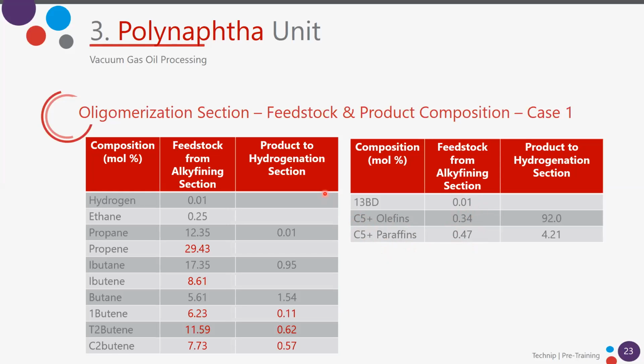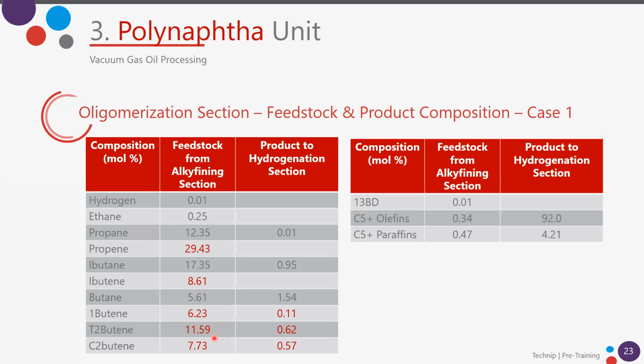At the outlet of this oligomerization section, let's see this. We have almost no C5 plus olefins, 0.334. But at the outlet of this oligomerization section, we have 92% of olefins in the composition, okay?